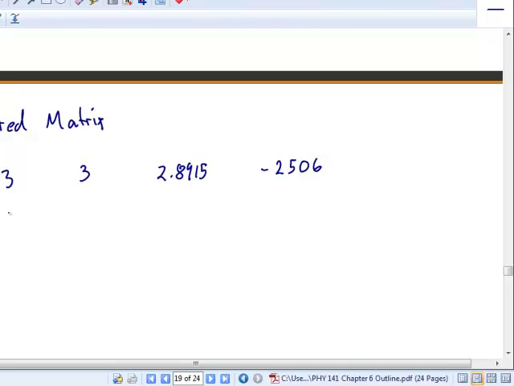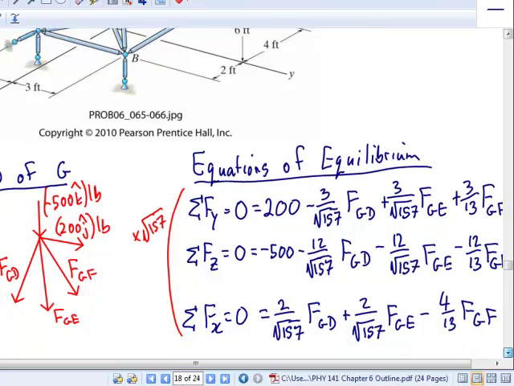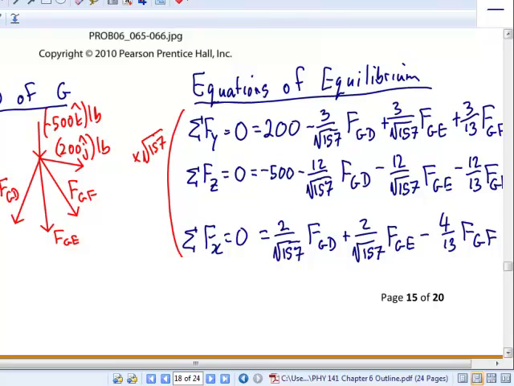And then our second equation, the FZ, that's just going to be negative 12, and then negative 12 over 13 times root 157.